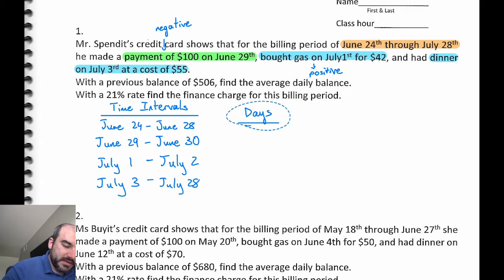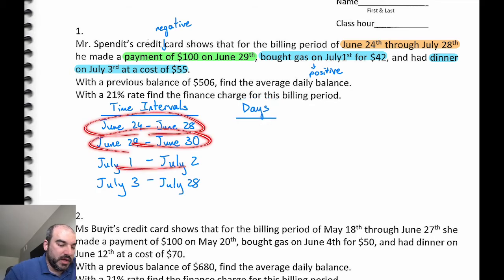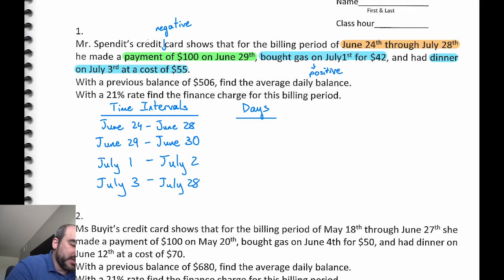So, number of days. We need to figure out how many days each one of these windows is, right? So, June 24 through June 28. How many days is that if we're including the first day and the last day of that time interval?